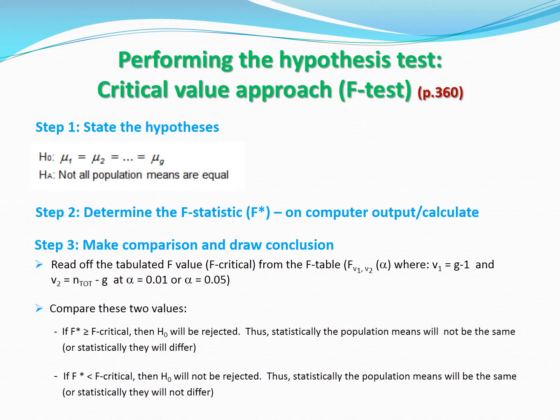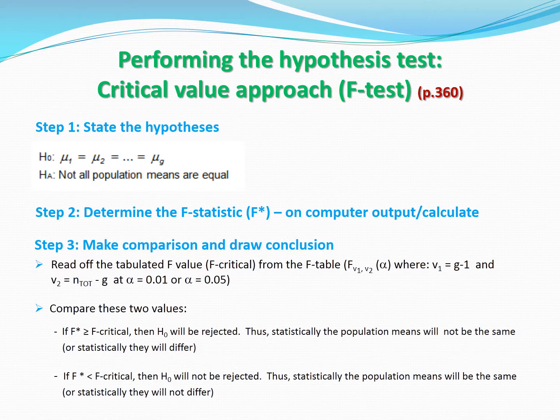And then remember from chapter 14 that we have a 1% and a 5% F table, but I will state in the exercises or in a test or exam whether you should test the hypothesis at 1% or at 5%.